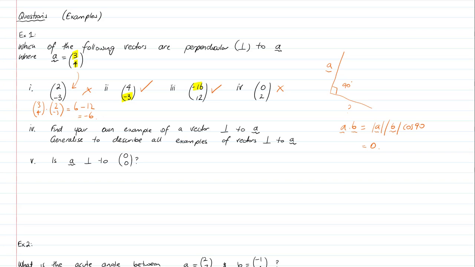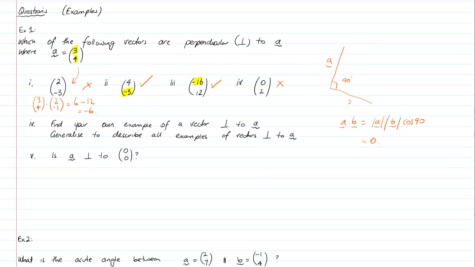Find your own example of a vector that is perpendicular to A. Generalise and describe all examples of these vectors. So we know if we have a vector, let's call it B, and let's say that B is equal to (B1, B2), we want A dot B to equal 0. So therefore we want 3B1 plus 4B2 to equal 0.